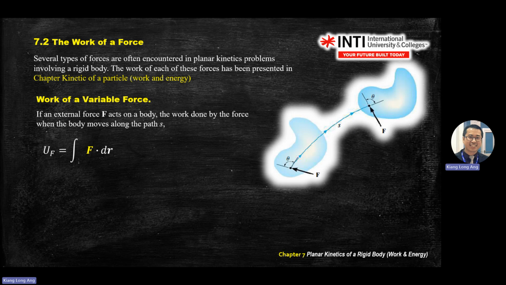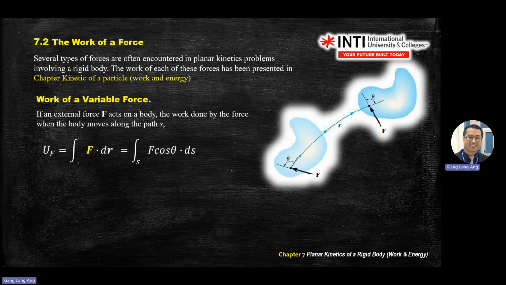So this is just a derivation. Don't confuse it with the R. It's actually the distance traveled. Work in the previous chapter, we used capital U. So U equals force multiplied by distance traveled. Same with this one.